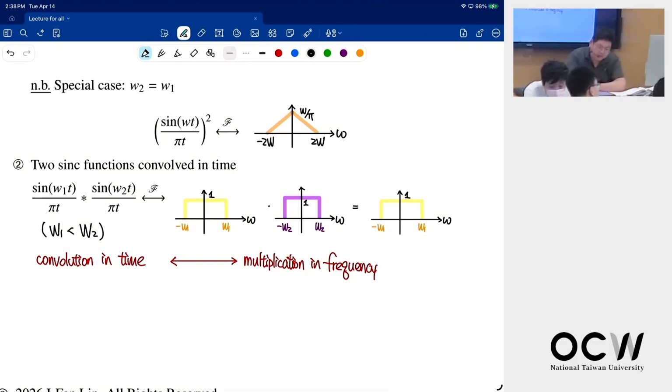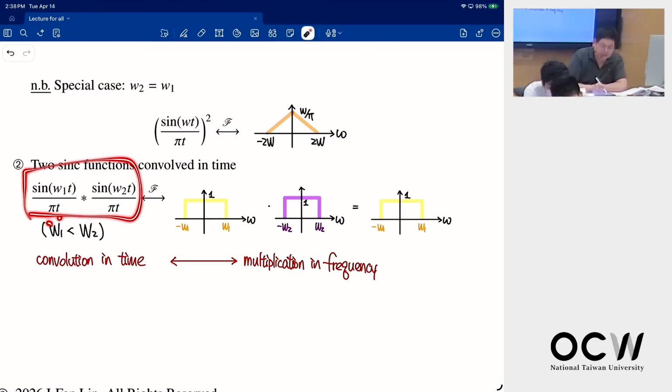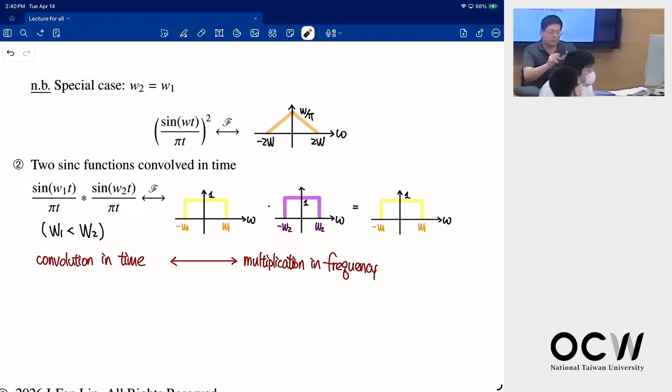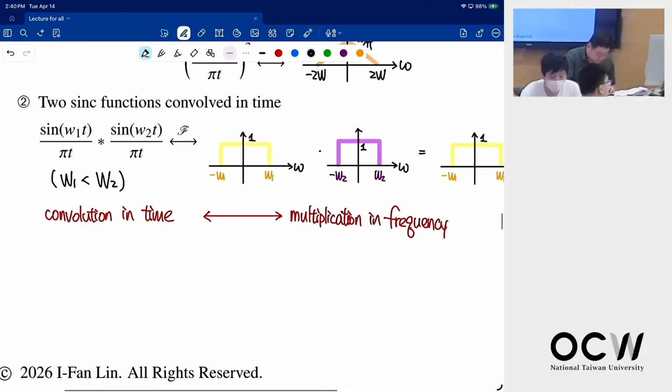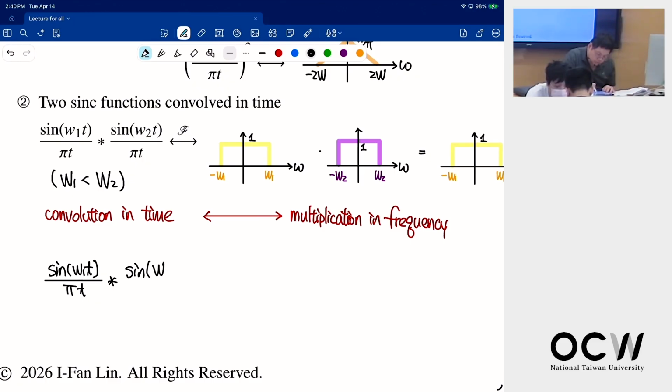So what is the answer here? One sinc function convolved with another sinc function. What is the result? Still in time domain. I mean sine W1 t divided by pi t convolved with sine W2 t divided by pi t should be equal to what?